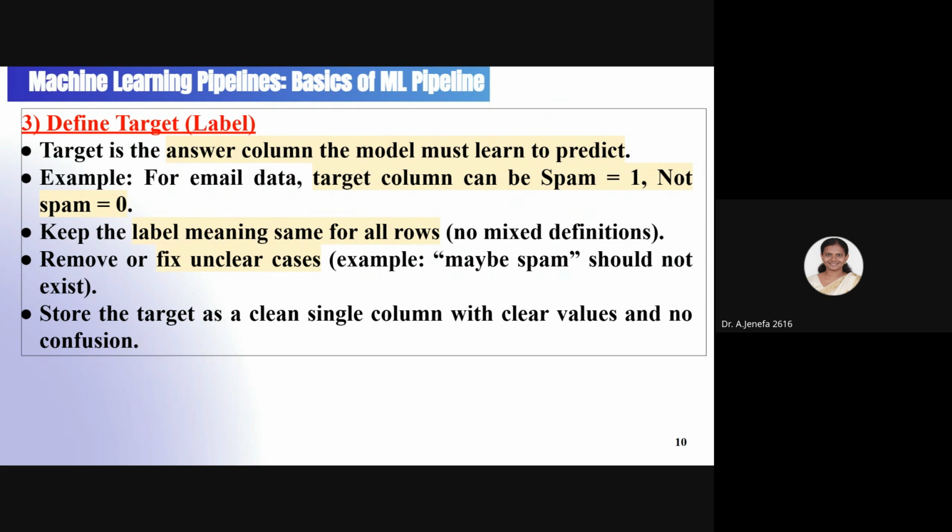Whether this particular feature has a cancerous cell or non-cancerous cell, the target label is cancer or no cancer, rain or no rain. Fine. Pass or fail. If I'm creating an application for student performance, what is the target label? Pass or fail. So these are all the simple steps that we do before we start to develop a model.